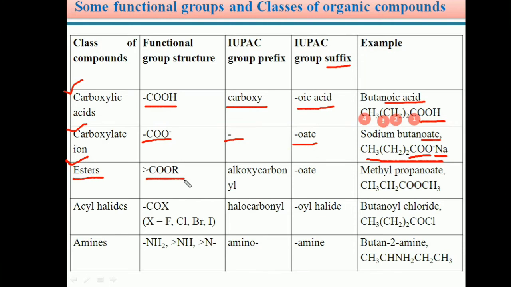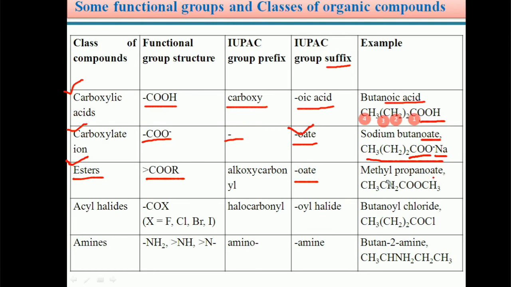If any organic compound has COOR in its structure, then the ester functional group is present in that compound. If the ester functional group is the principal functional group, then the IUPAC group suffix is oate, similar to carboxylate ion. For example, here we take methyl propanoate.